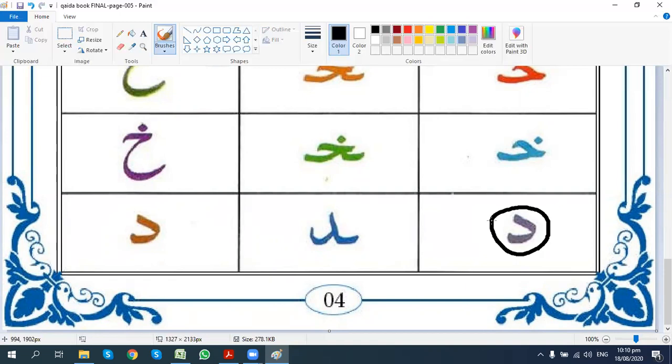Okay, so first is dal. Can you tell me the other letters which never connect after any letter? Zal, yes, and ra, and zay. Very good.